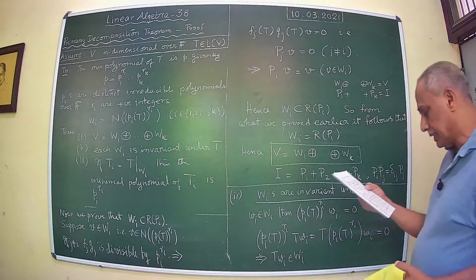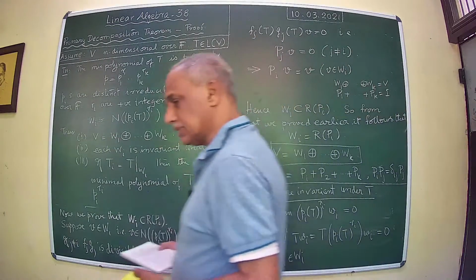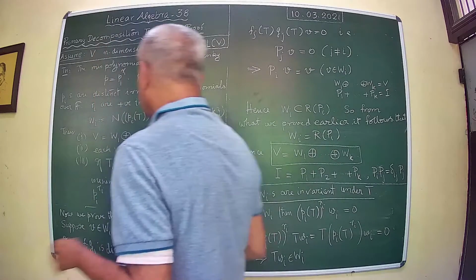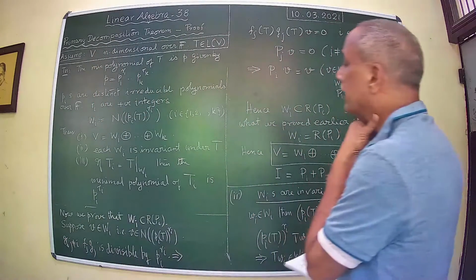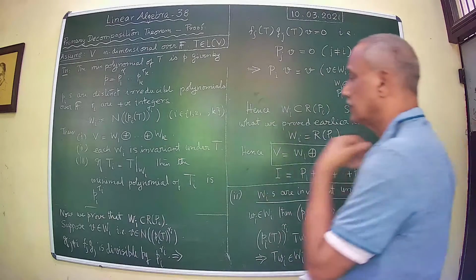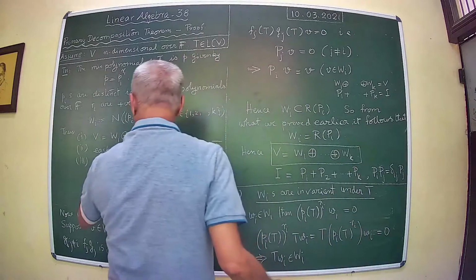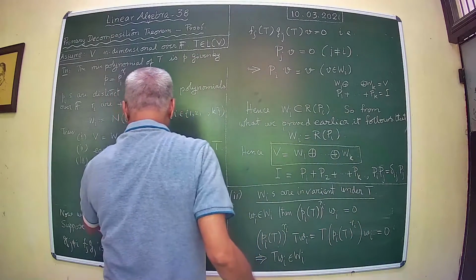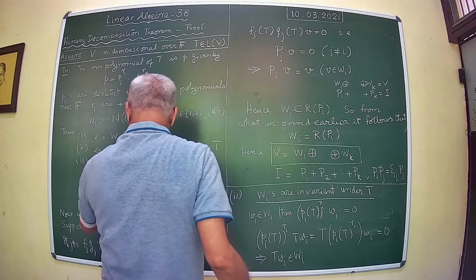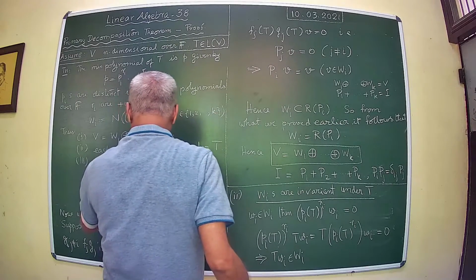Okay, now we go to the third part. The third part is talking about the restriction of T to Wi. That is this T. The restriction of T to Wi is denoted by Ti.